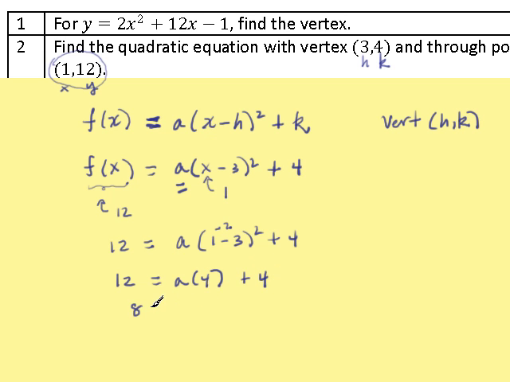Subtract 4 from both sides. 8 is equal to 4a. Divide by 4, a is 2. So let's complete this. And we have f of x is equal to 2(x minus 3) squared plus 4.